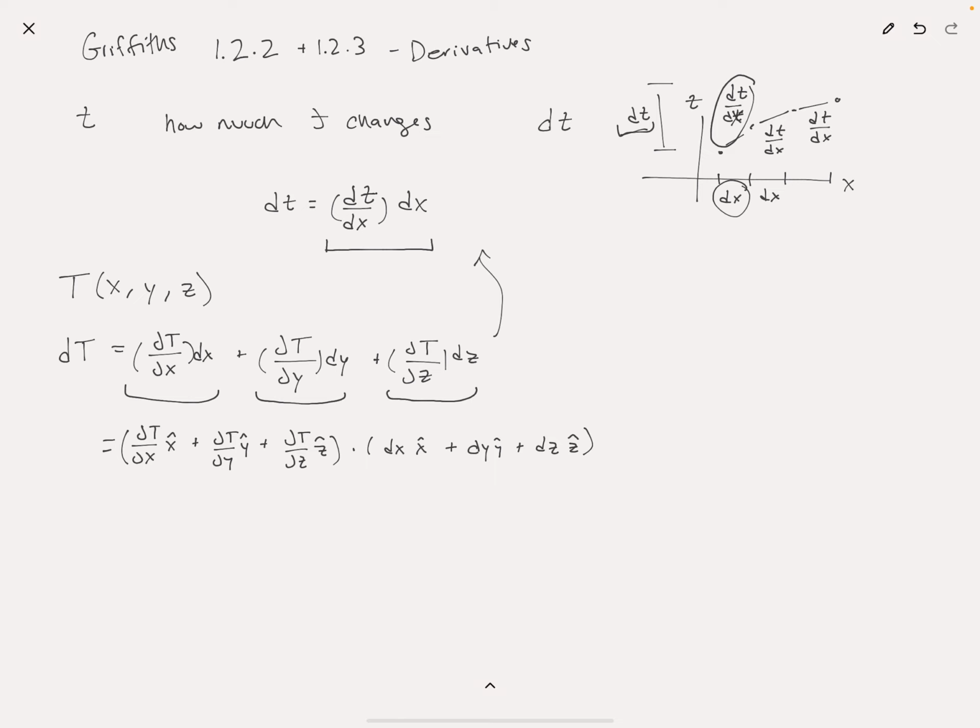Pause the video right now to convince yourself that if you take the dot product of this line, you end up with this original expression above.